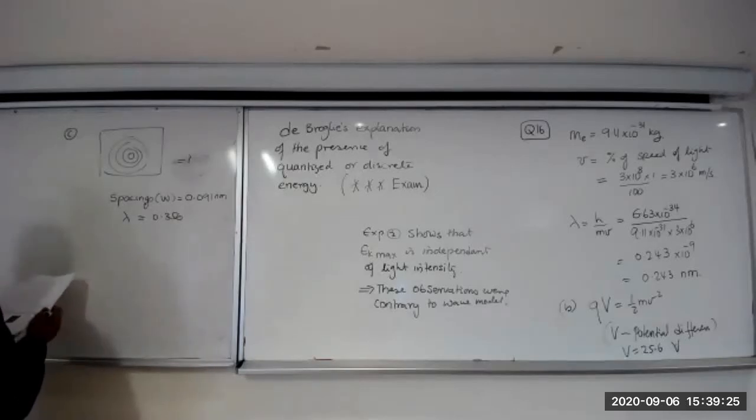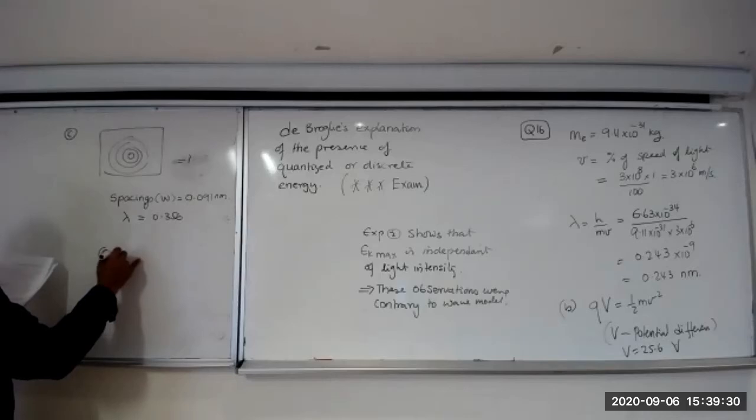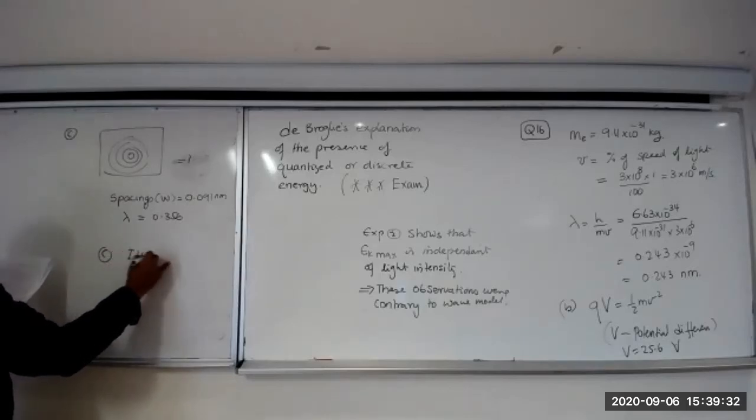What conclusion can be drawn from the data presented regarding the behavior of electrons? We need to mention it's a diffraction pattern.